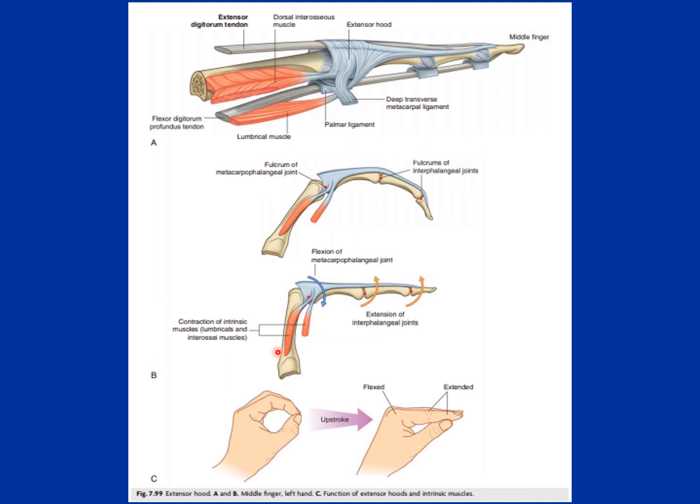So contraction of these muscles, lumbricals and interossei, will cause flexion of the metacarpophalangeal joint, and they will keep the extension of the interphalangeal joint. So this is the major movement of lumbricals, mainly flexion of the metacarpophalangeal joint and extension of the interphalangeal joint. So this movement is mainly the function of the lumbricals.